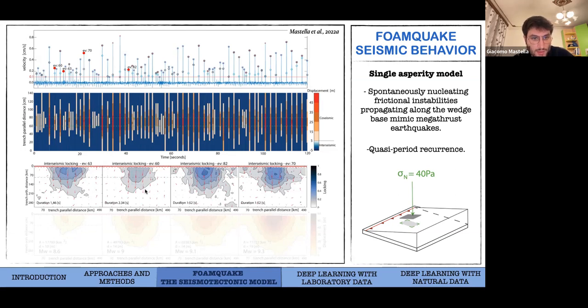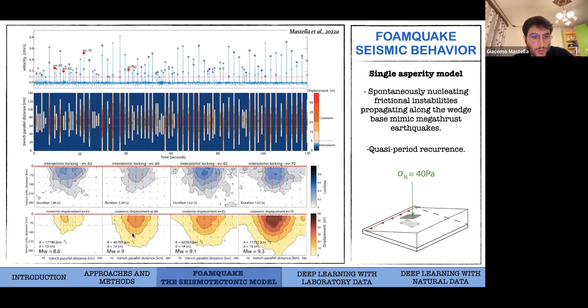And as you can see, during interseismic cycles, the motion is landward directed. So this line here represents the trench, and all the vectors are directed to the bottom of the slide, so landward. This motion is completely inverted during coseismic stages instead, during which all the motion is trenchward directed due to the so-called elastic rebound process.